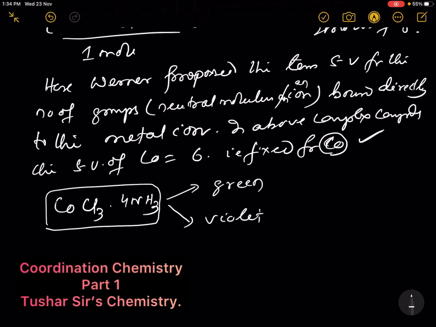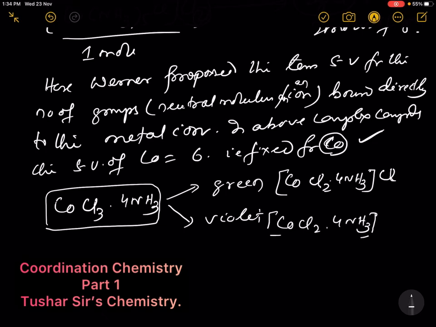Here the structure is CoCl2 4 ammonia, and another chlorine is outside the coordination sphere.